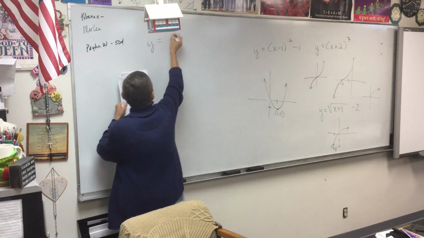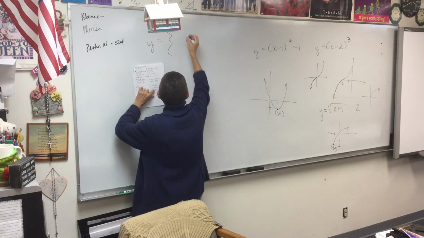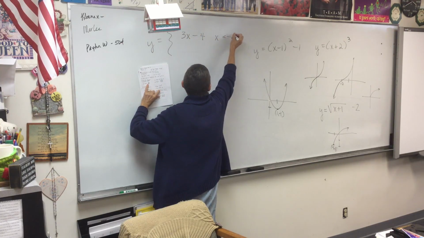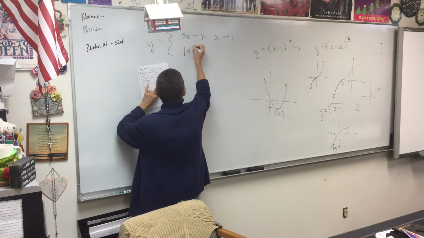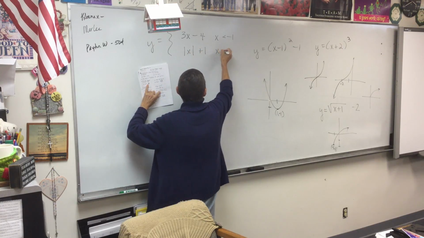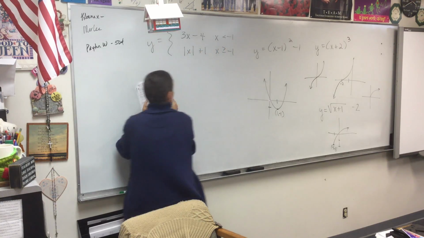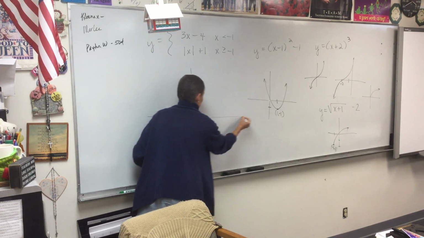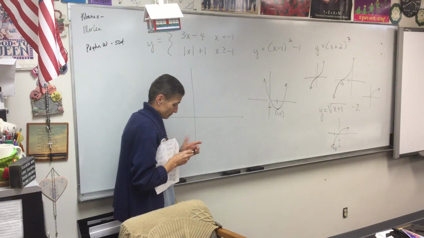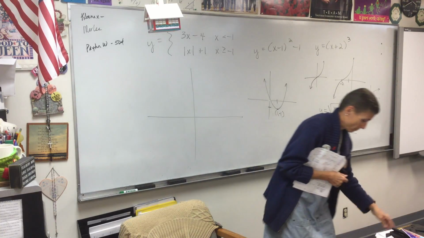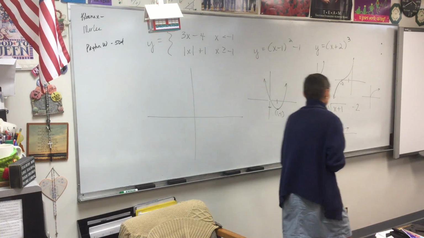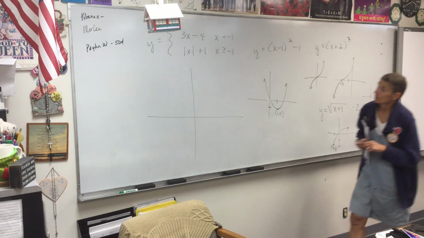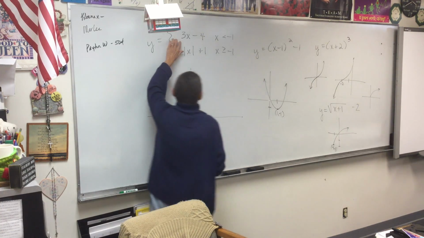Now I have my piecewise function. Remember, your test is exactly like this. So you are going to have to do a piecewise function. All right. Oh my goodness, what shape is that first one?